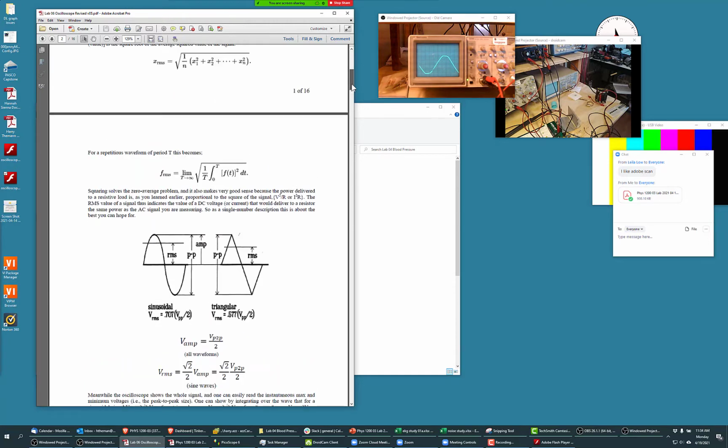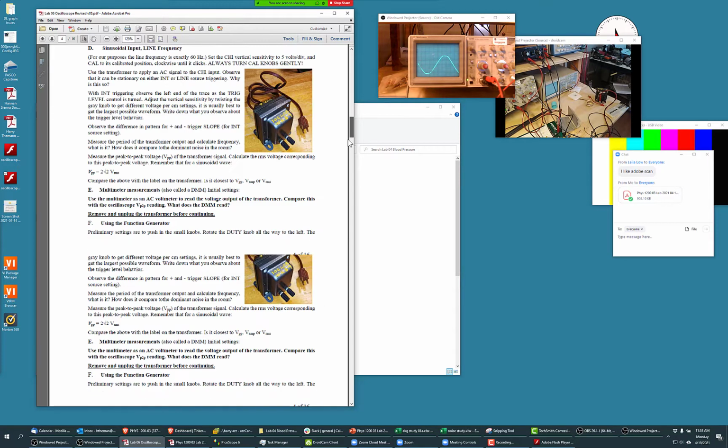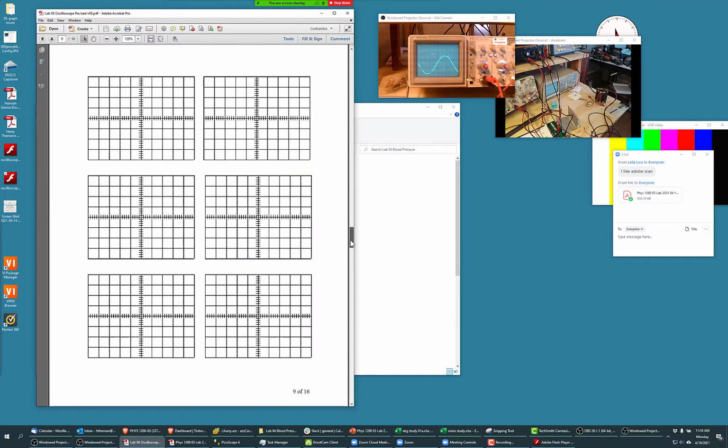All right, as we do these steps, they want you to make sketches in your logbook of what you see on the screen. In the real world, I provide these to students. I even print some of them out so they can sketch these things during lab class and paste them in.